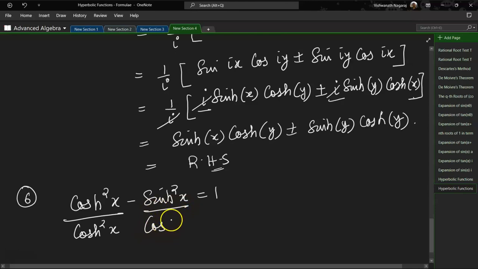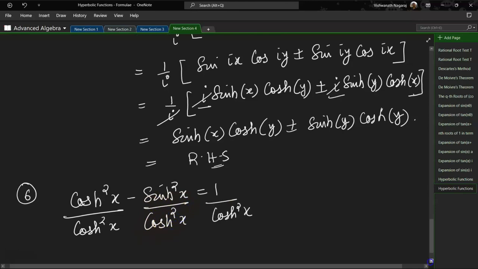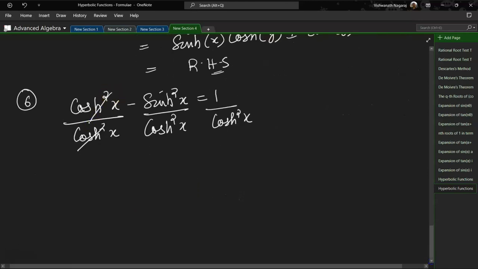We need to divide every one of them. So this and this cancel out. We end up with 1 minus hyperbolic tan square x is equal to 1 by hyperbolic cos square x, which is going to be hyperbolic sec square x.